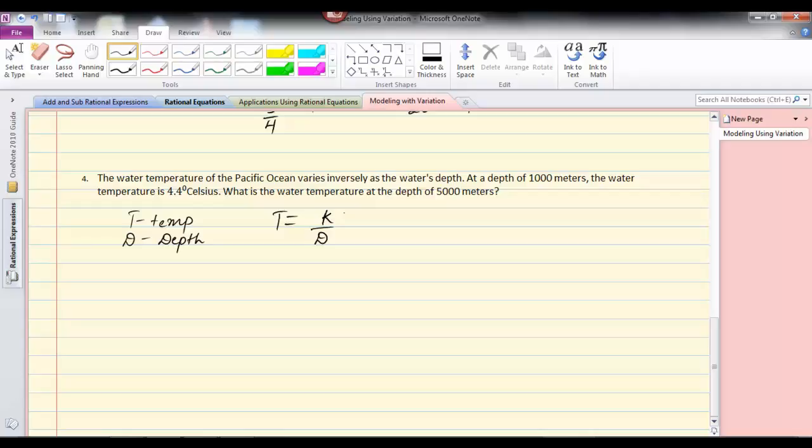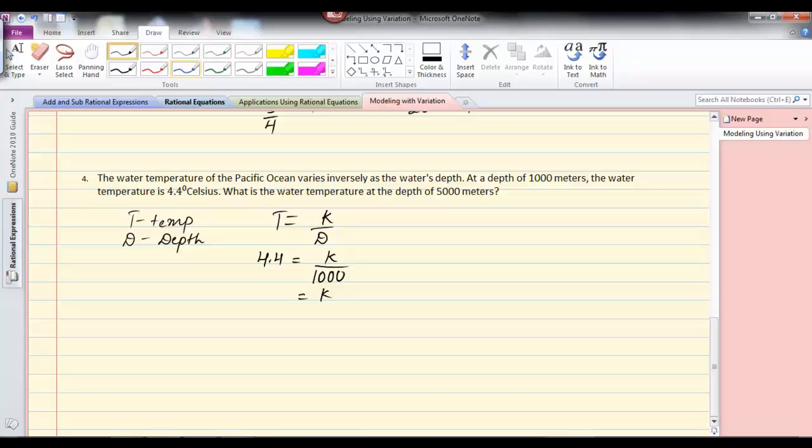So the water temperature, it says at the depth of 1,000 meters, the water temperature is 4.4 degrees Celsius. So, do I know my left-hand side? Yeah, the left-hand side is 4.4, K over the depth, which I'm given as 1,000 meters. So let's solve for K. How do you solve for K?